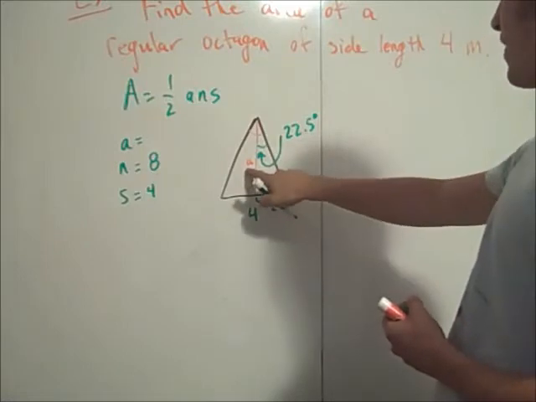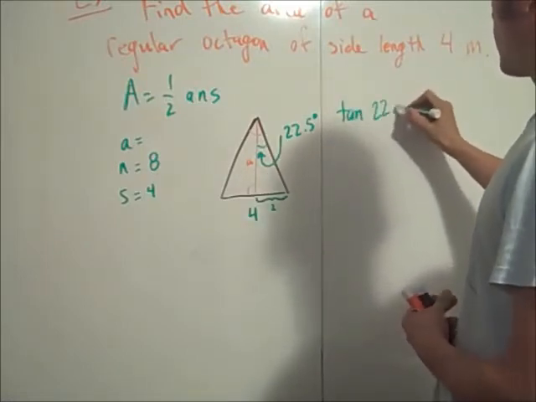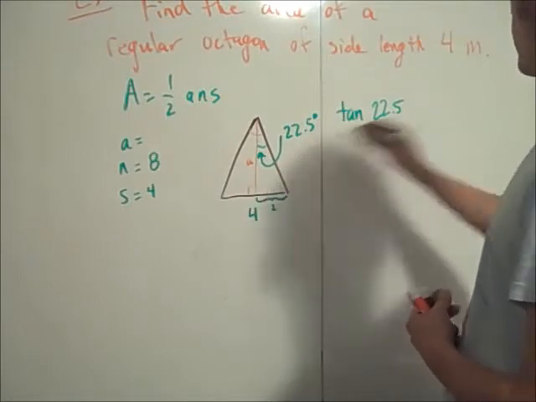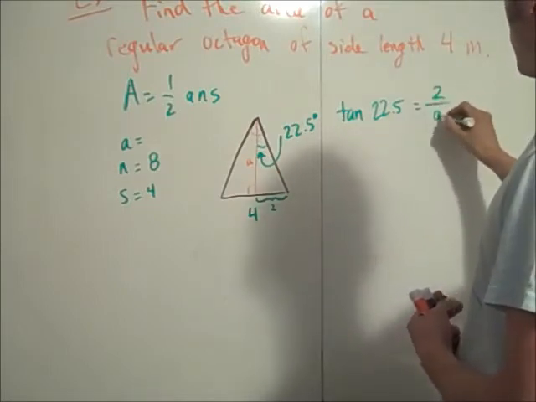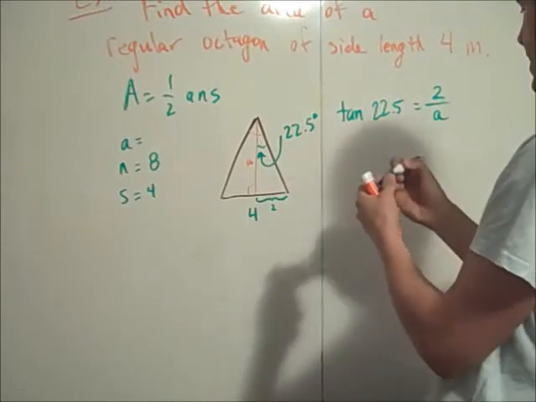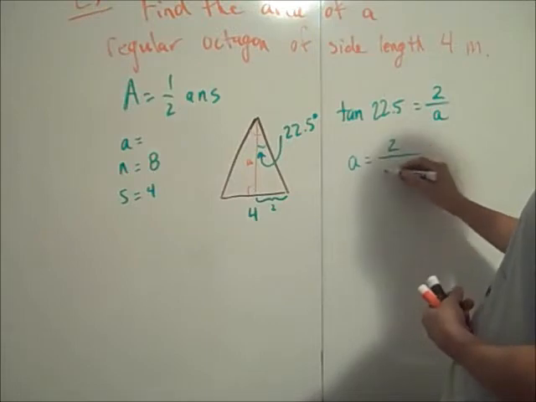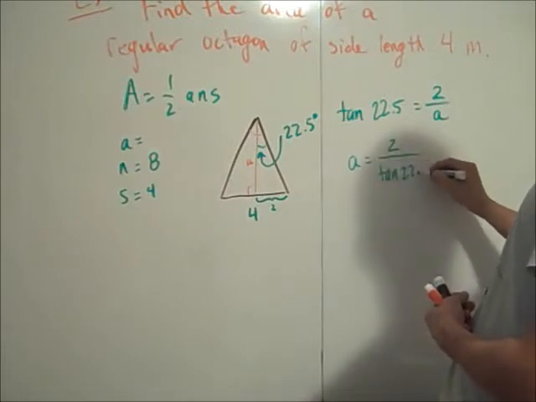And so now I can find A. I can say that the tangent of 22.5 is equal to 2 over A. Multiply both sides by A, divide both sides by tangent 22.5 to find A is equal to 2 divided by the tangent of 22.5.